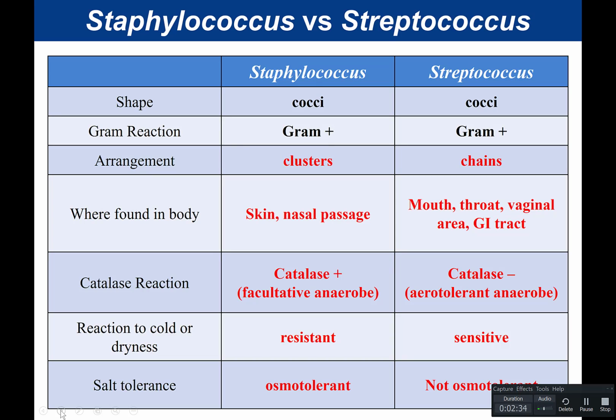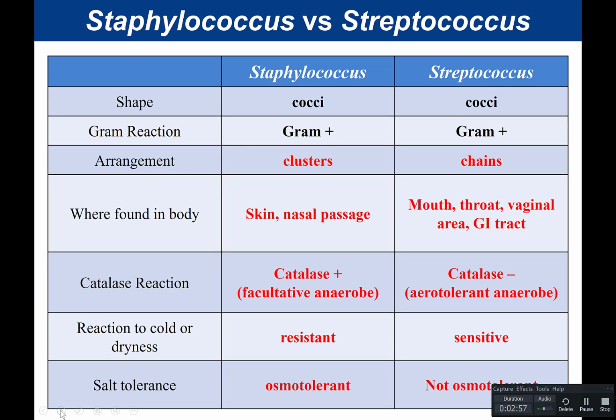Because if you remember, Staphylococcus is a facultative anaerobe. It grows with or without O2. And if O2 is present, it will use O2 as its final electron acceptor. And as a result, it's going to be catalase positive. On the other end of the spectrum, Streptococcus are aerotolerant anaerobes.